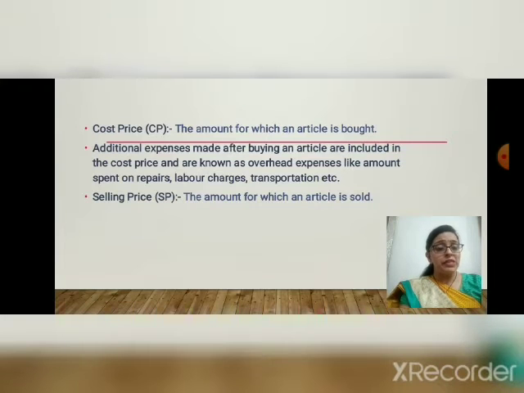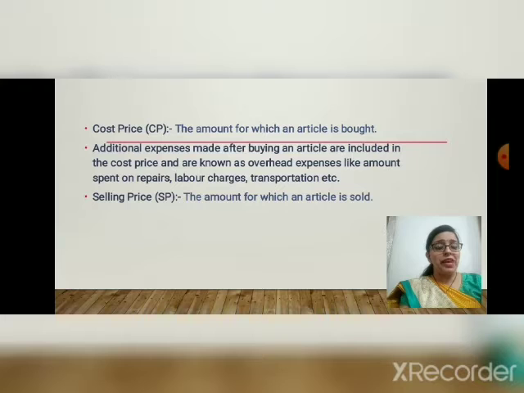Additional expenses made after buying an article that are included in the cost price are known as overhead expenses, like amount spent on repairs, labor charges and transportation. For example, suppose I bought a dressing table, and when I ordered it at the shop, whatever amount I gave to the shopkeeper is the simple cost price for me.